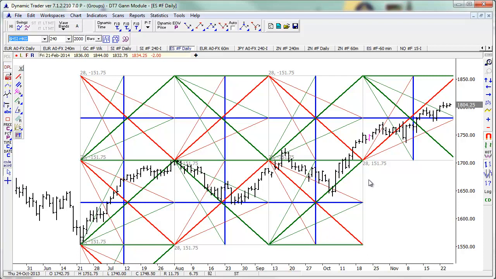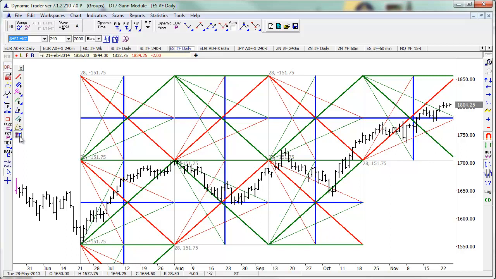And that's what the repeat does. So every one of these boxes is exactly the same as the original Gann geometry calculated from the original high to low, and they're just projected forward. And again, oftentimes these angles and divisions of the Gann geometry in the box end up being support and resistance, even far into the future.